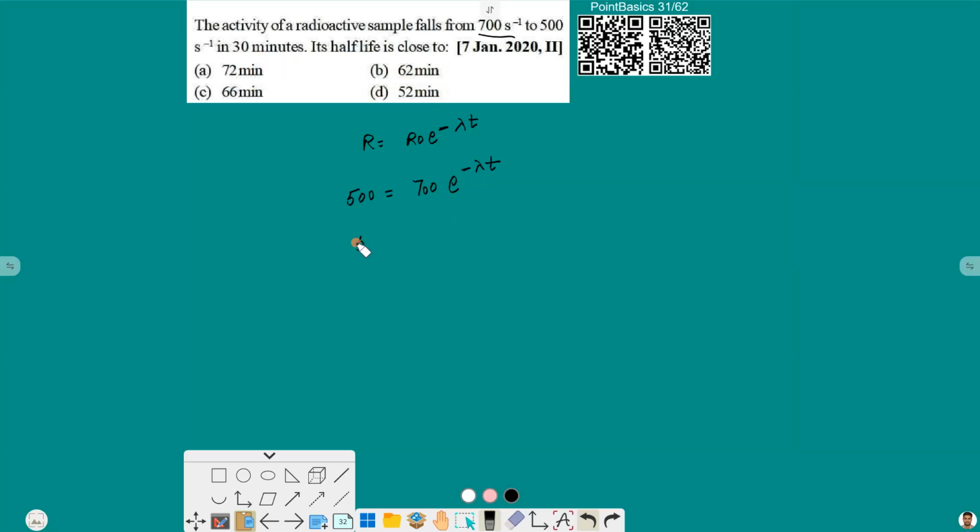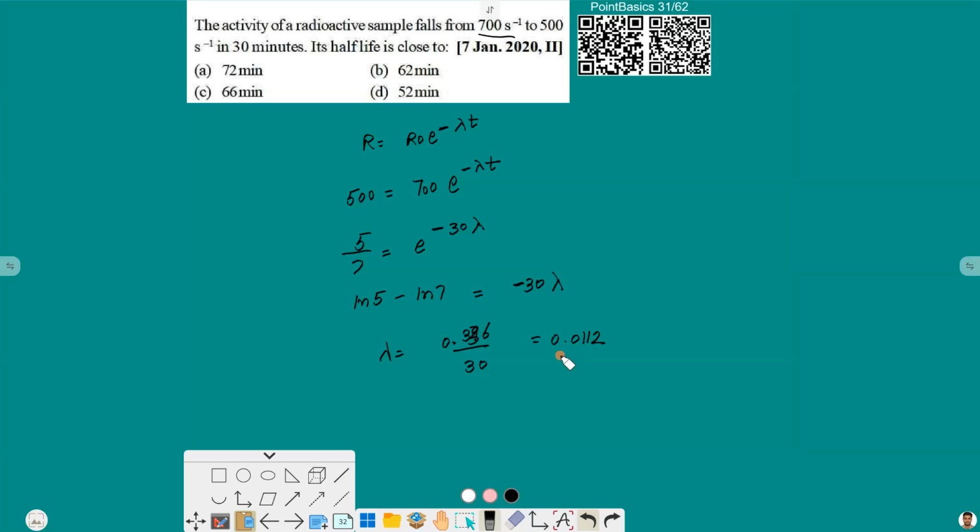So from this, I can write that 5 by 7 is equal to e raised to power minus 30 lambda. Now let us take log. So ln 5 minus ln 7 is equal to minus 30 lambda. If I solve, I will get lambda equal to 0.336 by 30, which gives 0.0112.